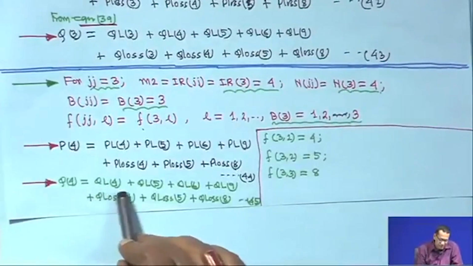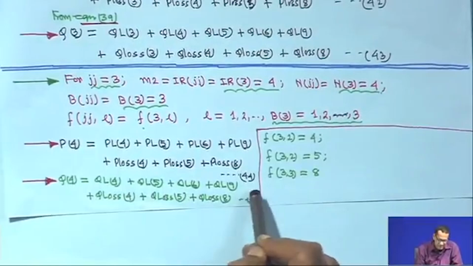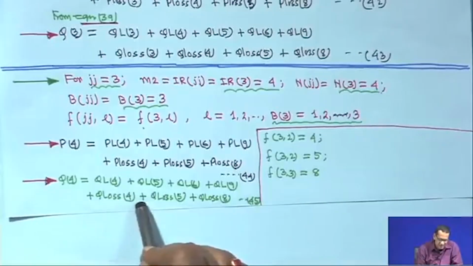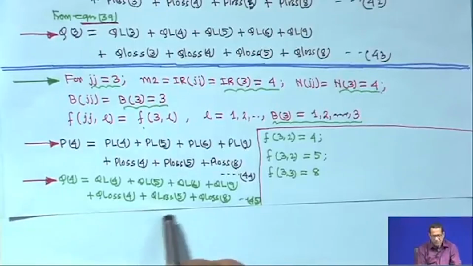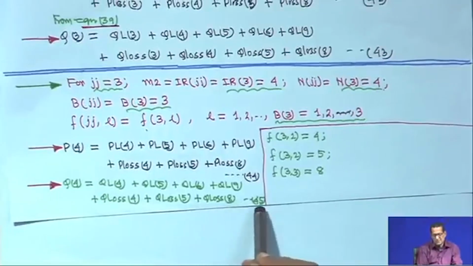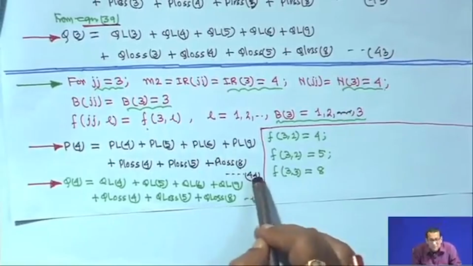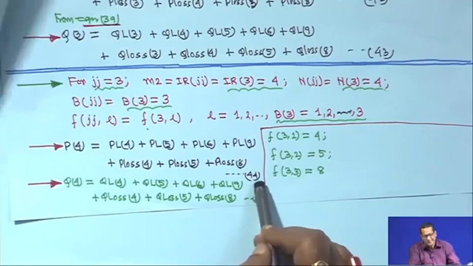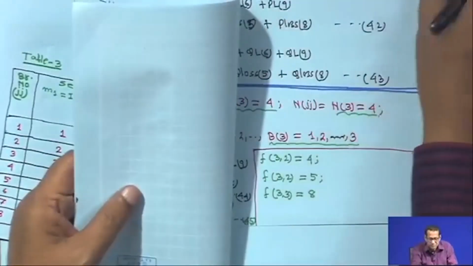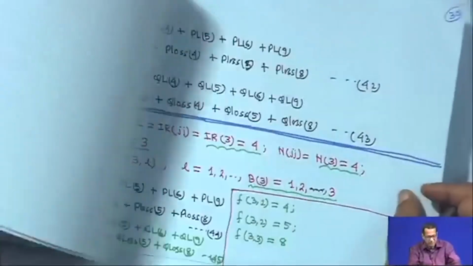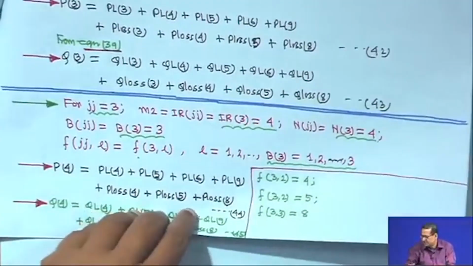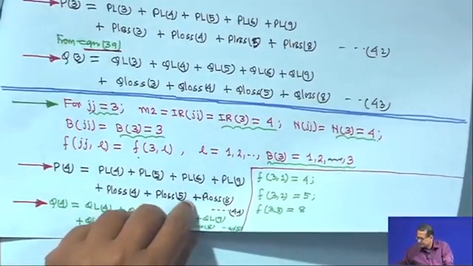Similarly, Q4 is QL4 plus QL5 plus QL6 plus QL9 and plus Q loss 4 plus Q loss 5 plus Q loss 8, 3 branches are there, 4, 5 and 8. This is equation 45 and this one equation 44, right. So, I hope this is very easy for you to understand, right.